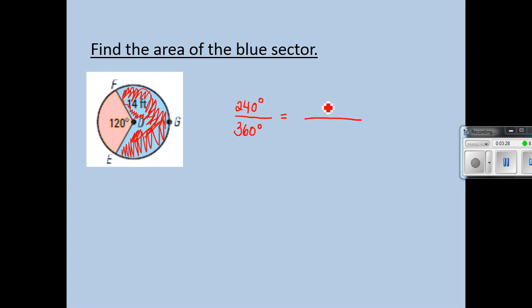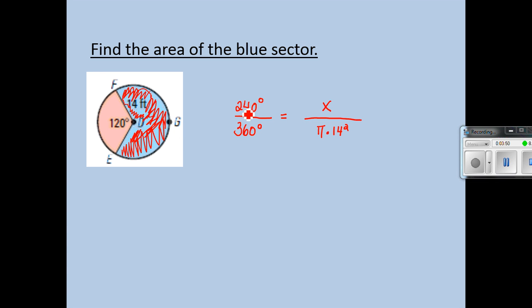And we're looking for that blue sector, so that little part, and we know the total area is pi times radius squared. Okay, so it'd be pi times radius squared is what I would put there.